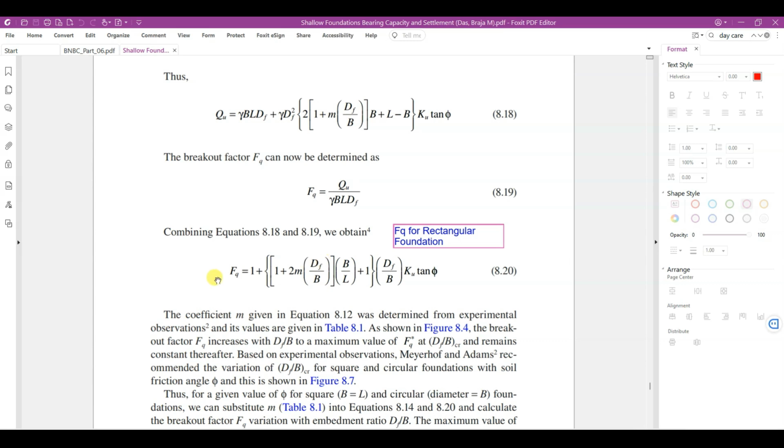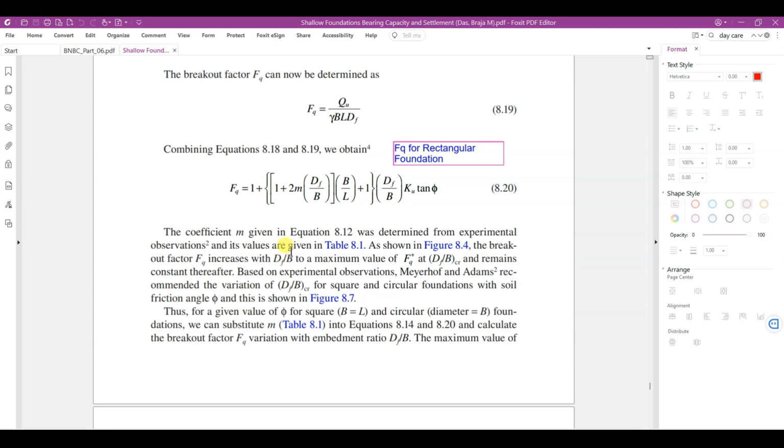So considering that value, the maximum value can be determined from here. So FQ is calculated twice. Okay, so let me take you to an example so that you can grasp the idea better.